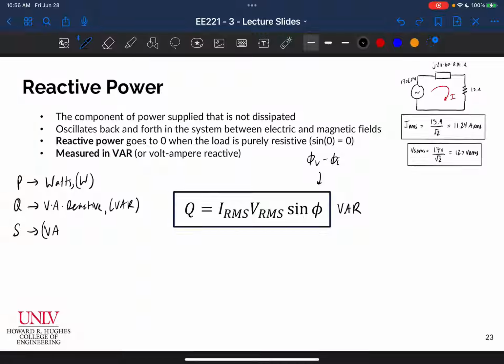Again, they're all the same. They don't mean anything different. They are still the same unit. They're still energy per unit time, and we're still characterizing power. There are just three different ways to write the same thing so that we can distinguish between them.